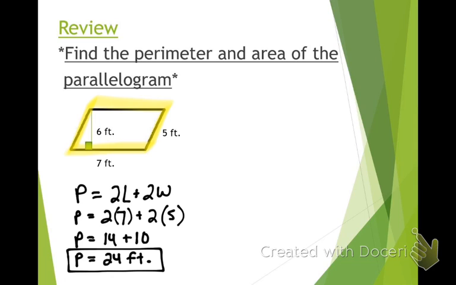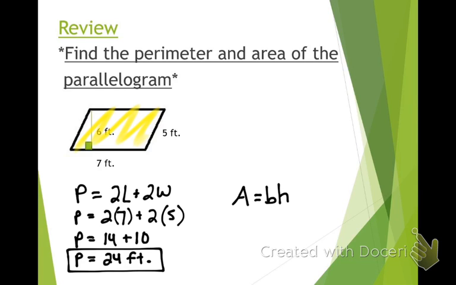Now, when we try to find the area of something, we're no longer trying to find the outside of it, we're trying to figure out how much space is in that whole figure, or that shape, okay? So guys, what is the formula for the area of a parallelogram? Area equals, what is it, guys?